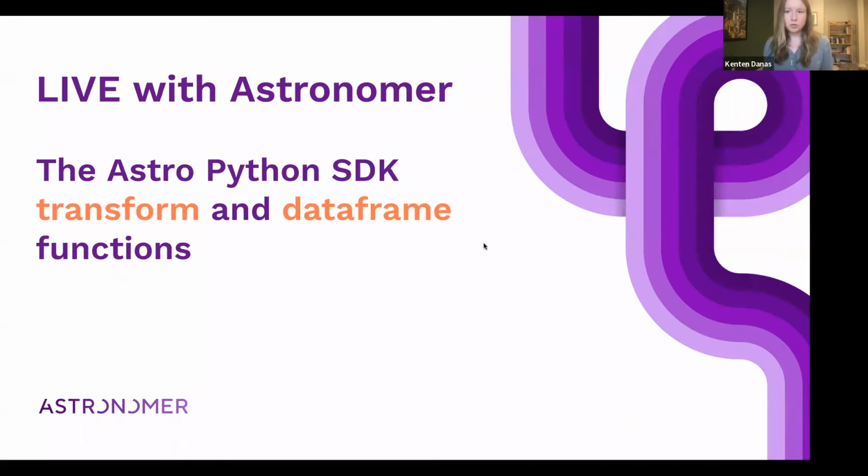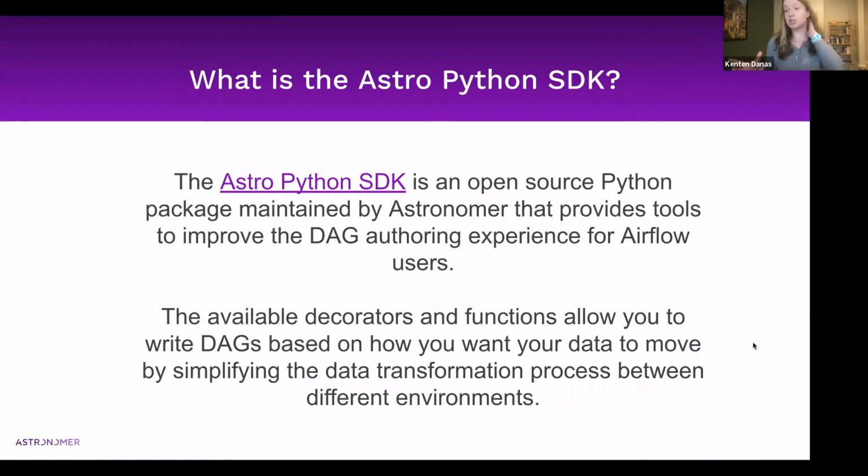So real quickly, before I dive in and show these in action, just to level set in case anybody here is not familiar already, or hasn't joined any of the other sessions we've done on the SDK: at a high level, it's an open source Python package maintained by Astronomer. It provides tools to improve your DAG authoring experience. This is going to be really clear as we go through today.